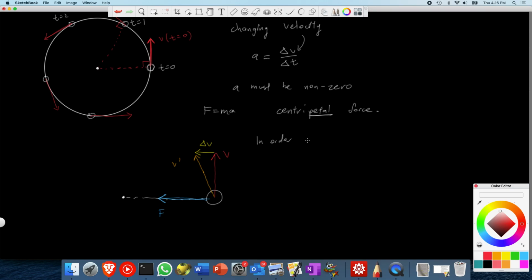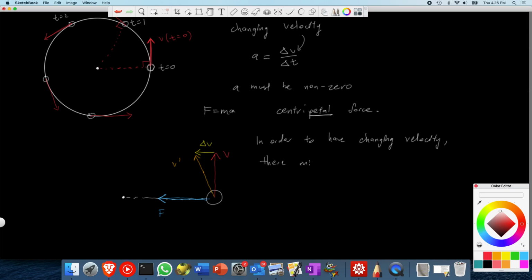In order to have changing velocity, there must be some force that acts on the object. Because if there's no force, then the object will just have constant velocity and go in a straight line. So in order to change the velocity of the object, there must be some force.